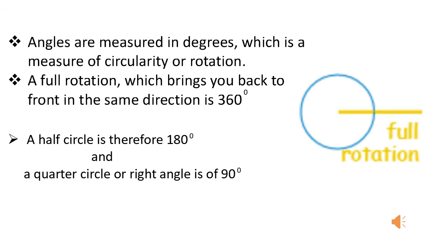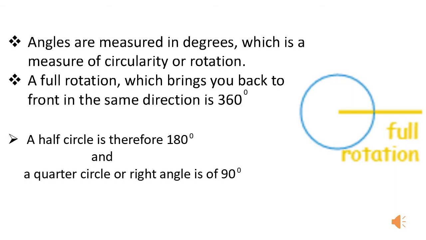Now the question is how an angle is measured. It is measured in degrees, which is a measure of circularity or rotation. A full rotation which brings you back to front in the same direction is 360 degrees. You can see in the figure.